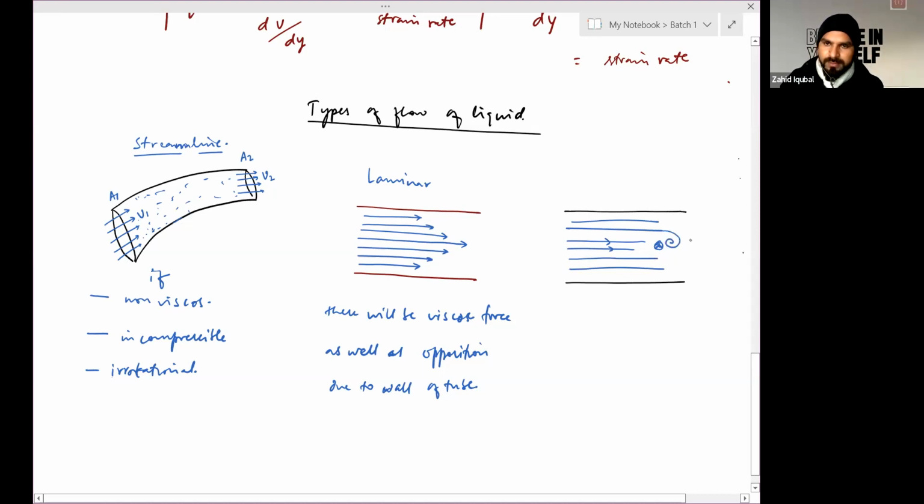Similarly, this may get curled. This circular formation is called eddies. So a flow of liquid in which there is formation of eddies is called turbulent flow.